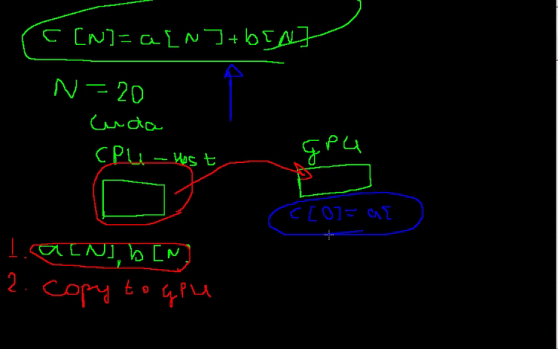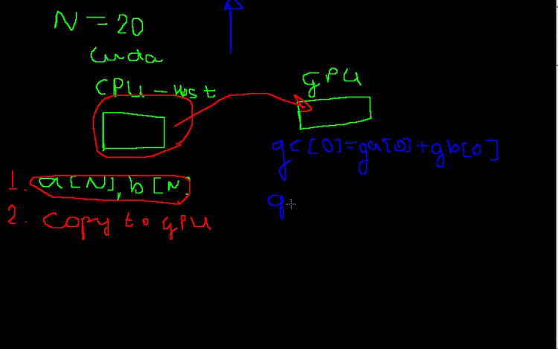I want to notice that these vectors are the copies of the vectors within the CPU. Let's mark them gc, ga, gb: gc0 is equal to ga0 plus gb0, and gc1 will be equal to ga1 plus gb1.